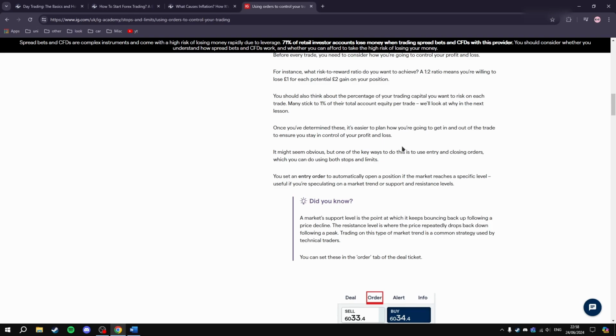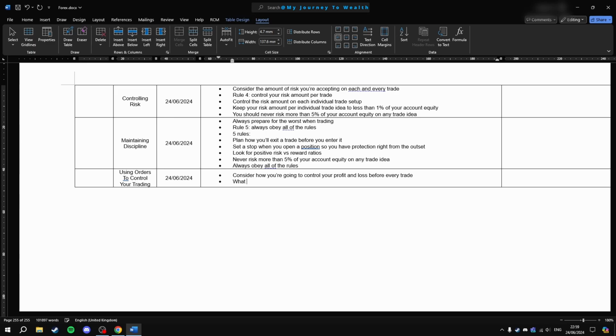A 1 to 2 ratio means you're willing to lose £1 for each potential £2 gain on your position.